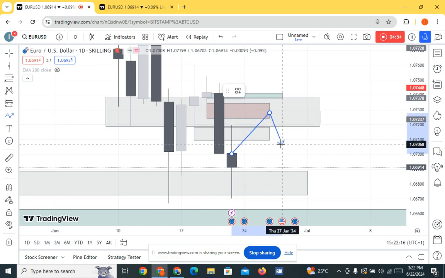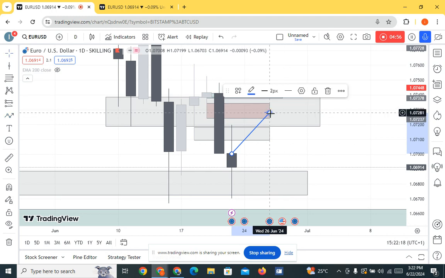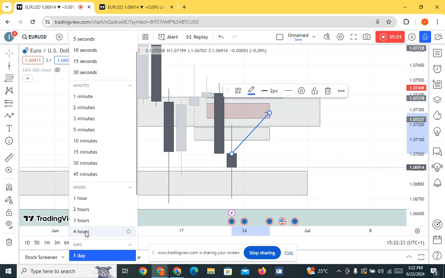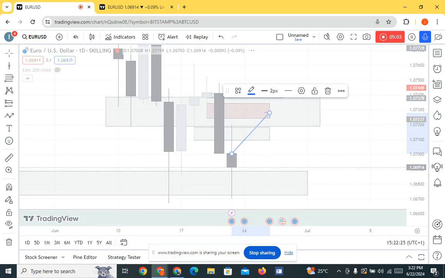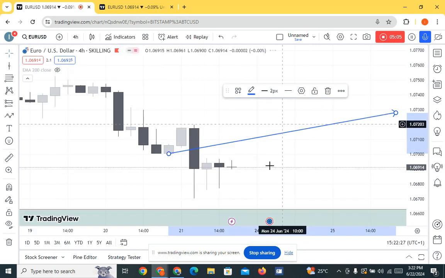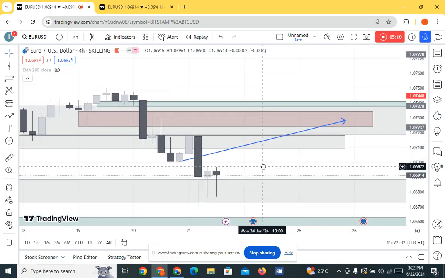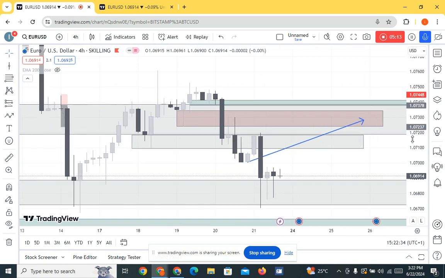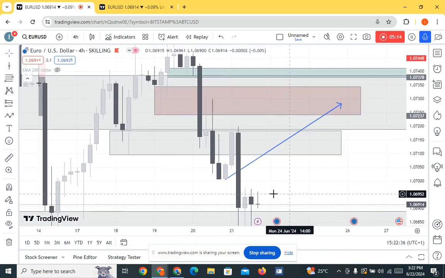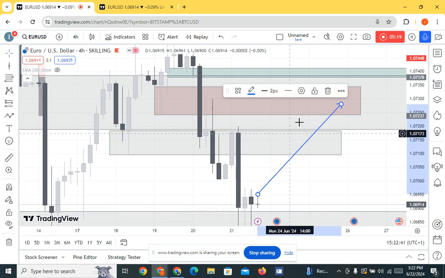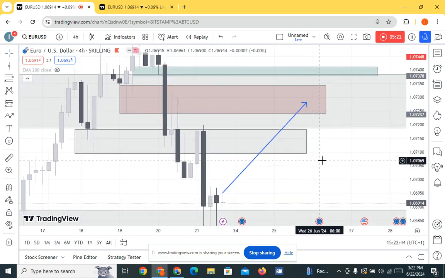Then I can go down to the 4 hour time frame and wait for 4 hour fair value gaps going lower, right? If price trades into this zone right here, then I'll be looking for price to create bearish fair value gaps going lower.